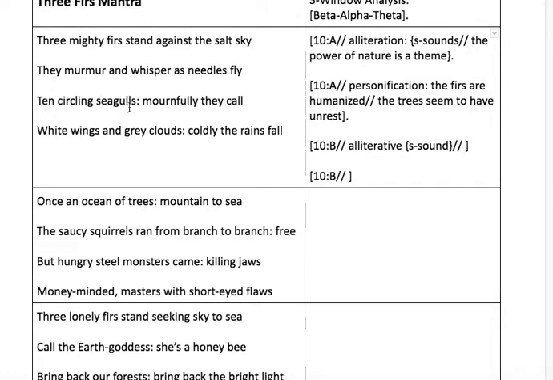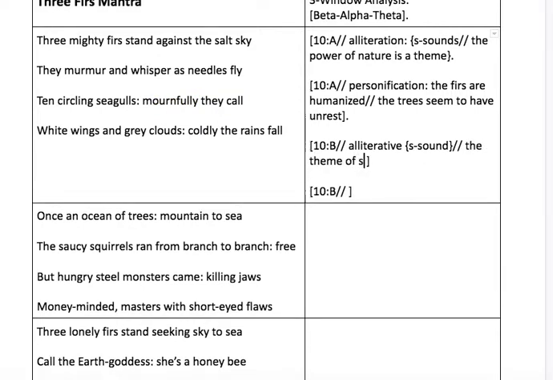And then once more, we see this theme being developed of this idea of sadness or loss. So we could say the theme of sadness/loss is present. Good. Okay, so that's line 3 completed.